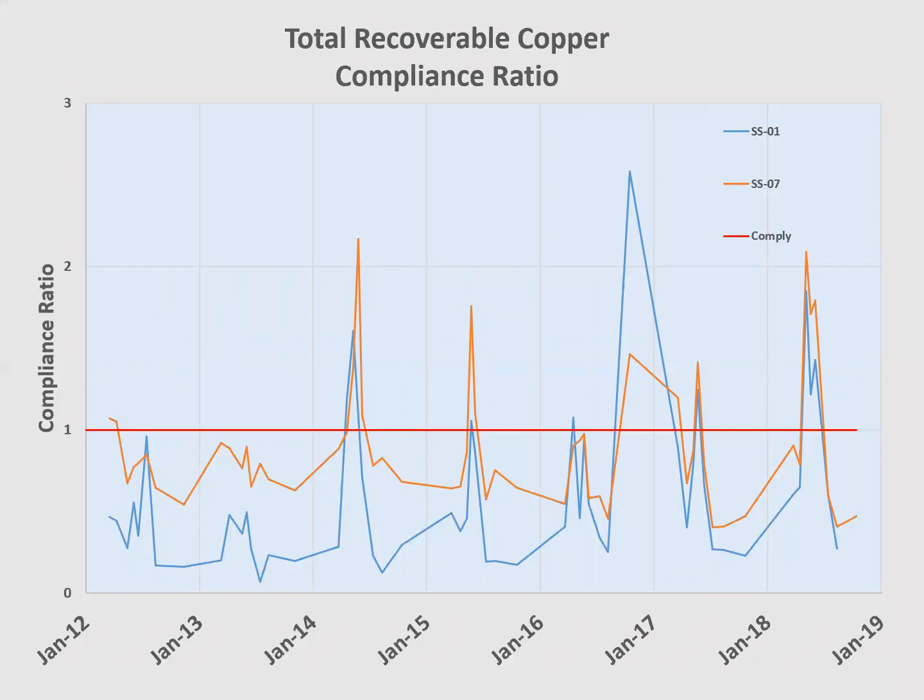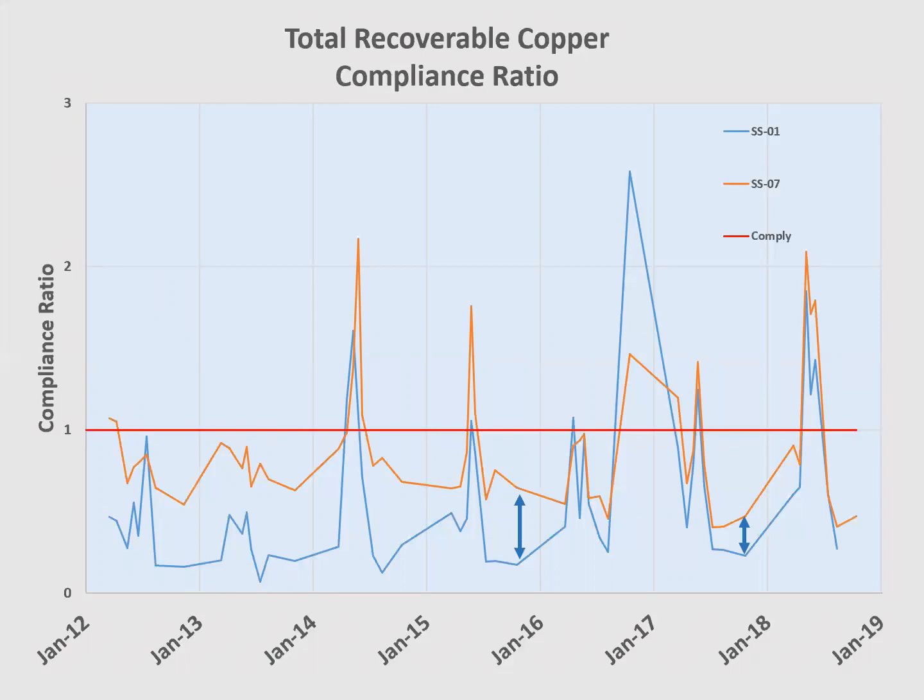You can see that we're still not meeting standards. Most of the spikes have occurred during high flow periods, during April, May, and June. But this one particular spike here was in October, and I'm not really sure what that's from, but that's not related to higher flow periods.